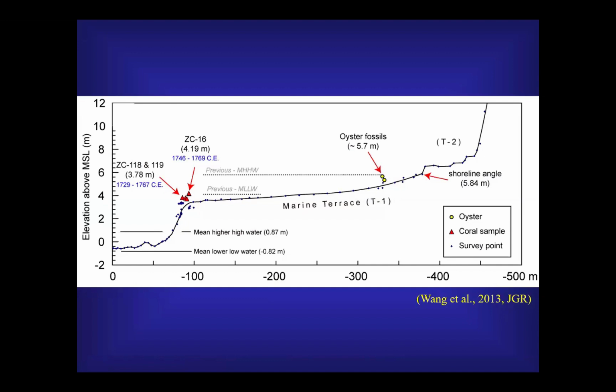So if we take a look at the coastal geomorphic profile in this particular place, the coral that I mentioned is this one. This one relatively fits the previous low tide level. And then we also found some oyster fossils that are relatively consistent with the previous high tide level, as well as the shoreline angle.